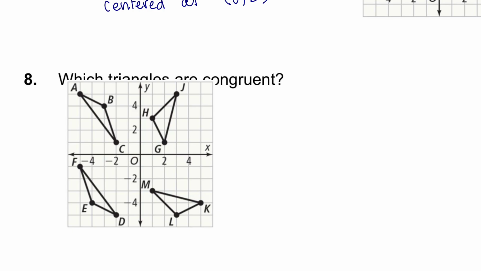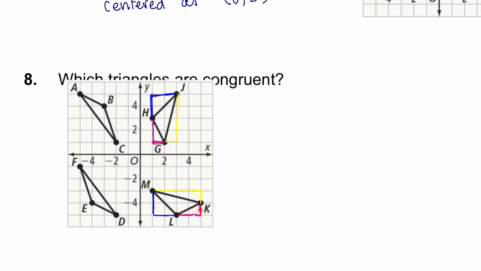You can use patty paper on this section to help you determine which triangles are congruent. Okay, comparing these triangles, I can see that this line segment corresponds to a right triangle with legs 2 and 1. And that would correspond with this segment.